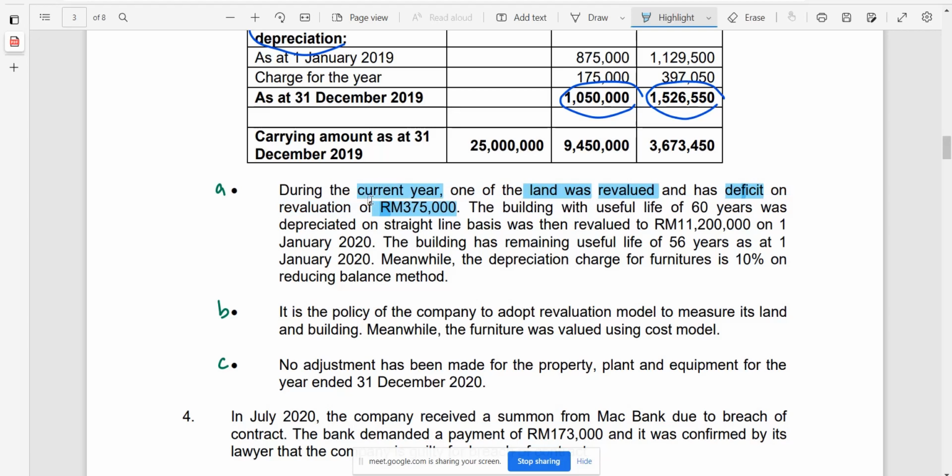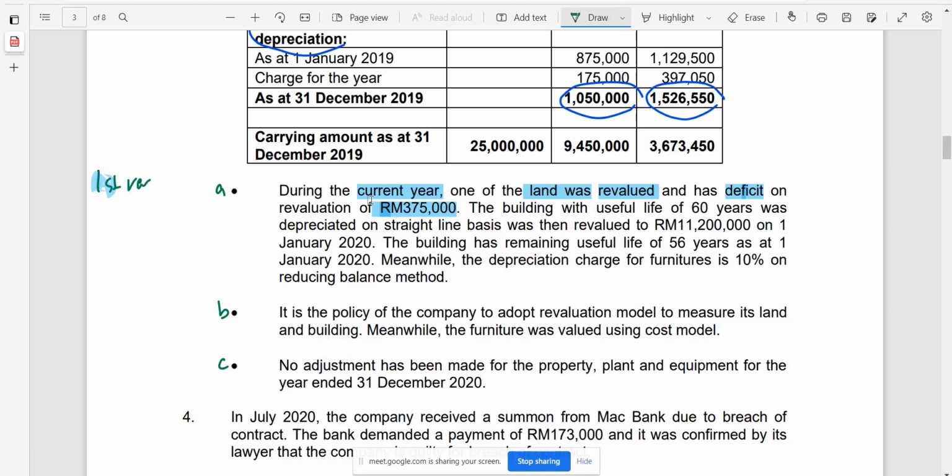For that part, you are going to record the revaluation. That was the first revaluation, or initial revaluation. This is a non-depreciable asset.